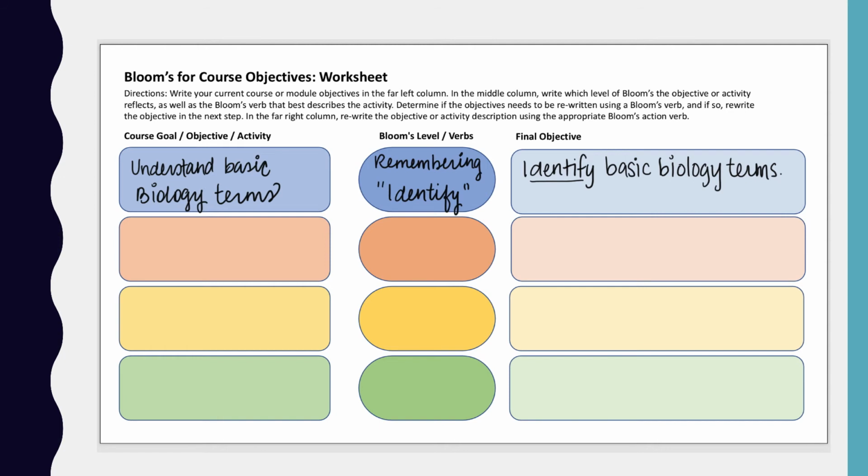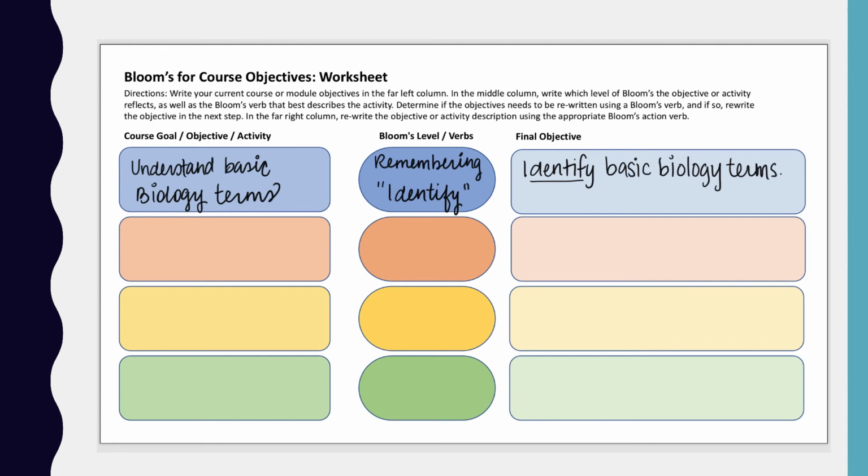Now, if you have a course that already has its overall course objectives written and you don't really want to mess with those, you can choose to select a module or section of learning and work specifically on those objectives. So, take whatever section you've decided to work on and write in the left column the basic overall gist of what your course goals or lesson objectives are. So we're not worrying too much about how they're written there.